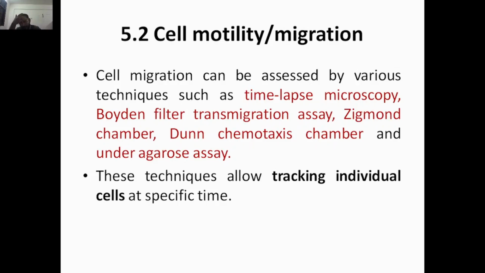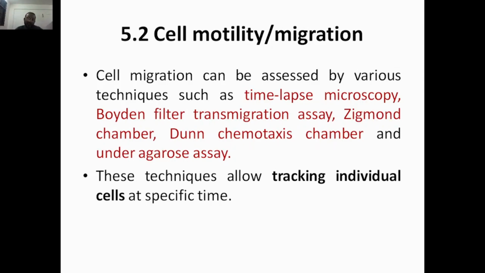Then we have the Boyden filter transmigration assay, Zigmond chamber, Dunn chemotaxis chamber, and also the agarose gel assays. These are all the techniques we can use to check whether the cell is migrating or not. These techniques allow tracking of individual cells at a specific time.